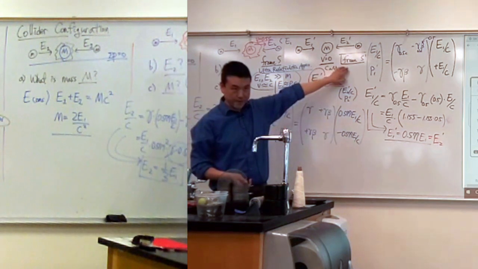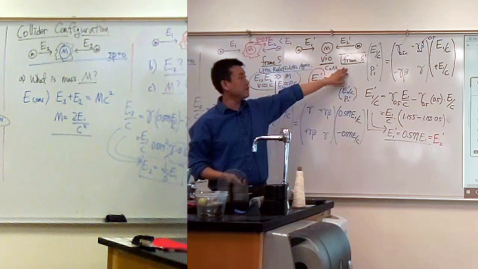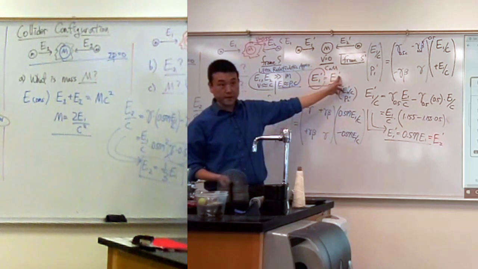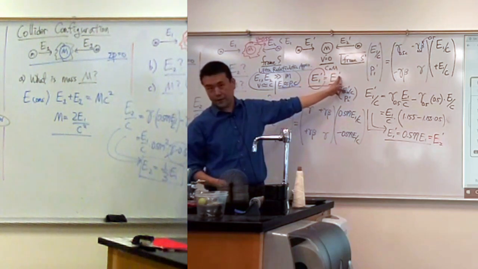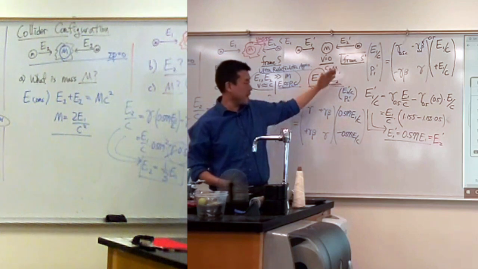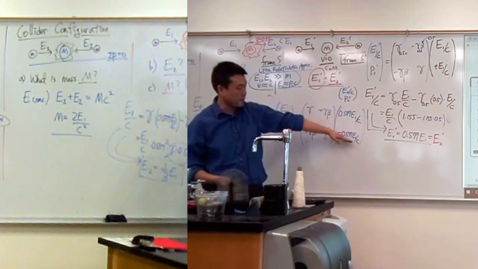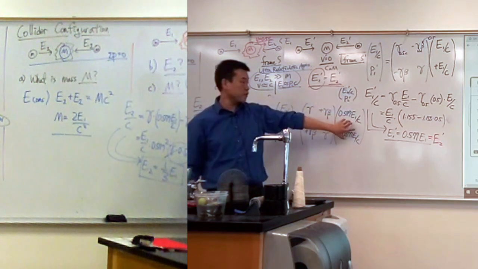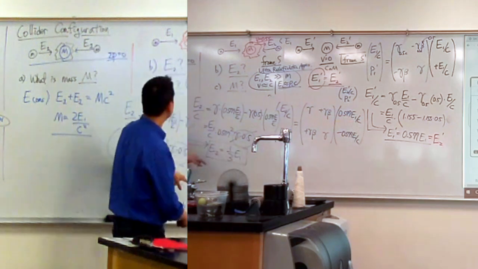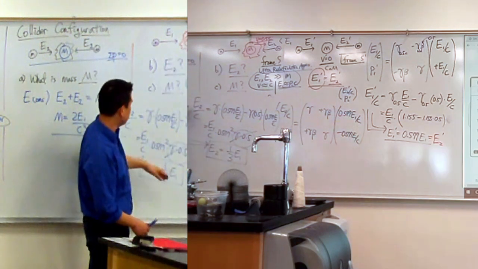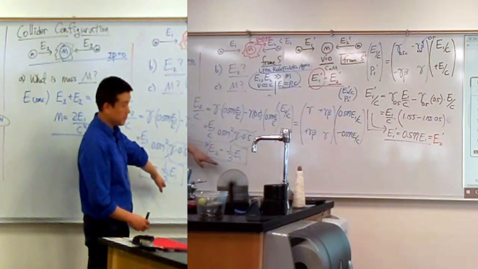So you go to the center of mass frame and then figure out the energy in center of mass frame, or sorry, center of momentum frame. And then using this center of momentum frame for momentum, you can transform it back to the frame S to get the energy in the lab frame that you wanted.